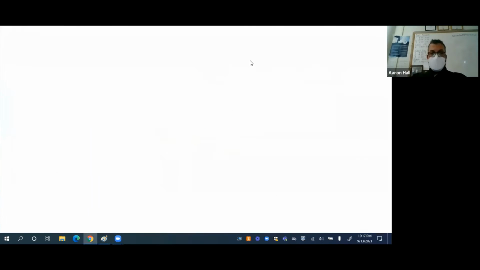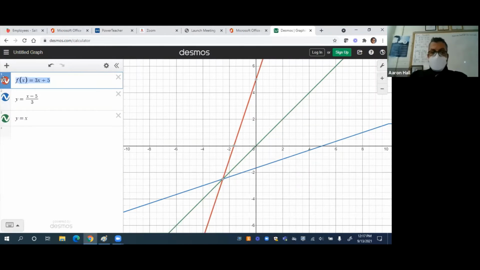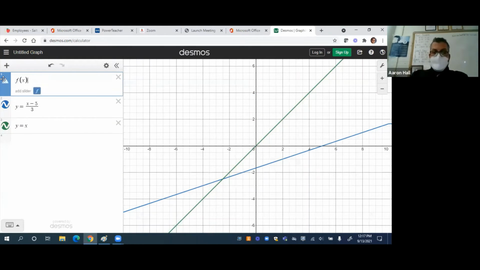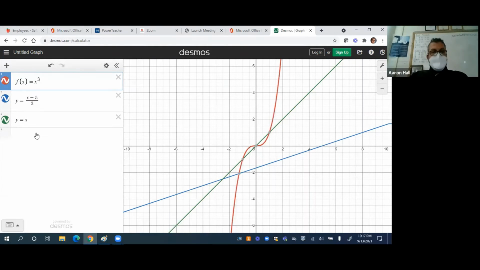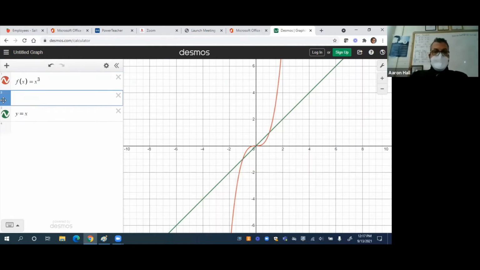Let's go back to this graph here. We have f of x is x cubed, and our inverse is the cube root.